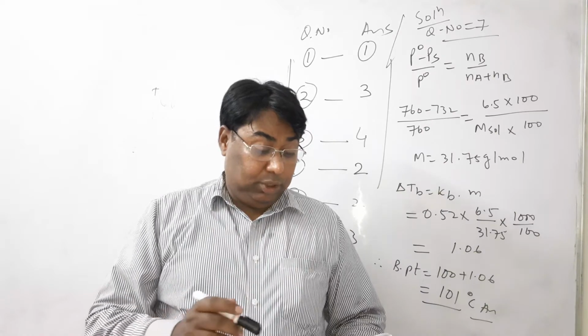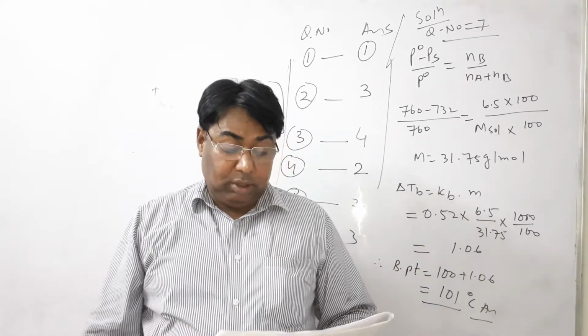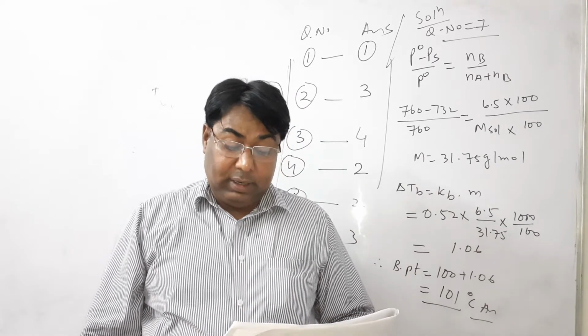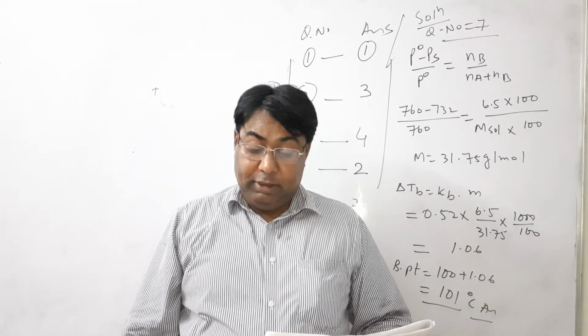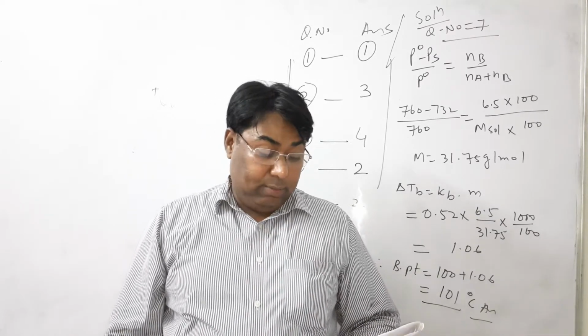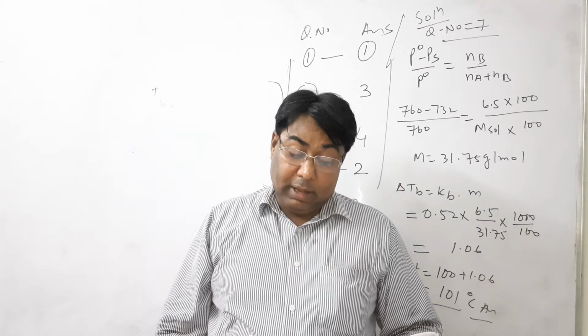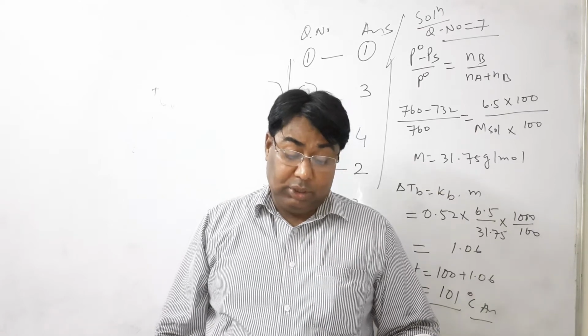Now students, question number 7: at 100 degrees C, the vapor pressure of a solution of 6.5 gram of solid in 100 gram of water is 732 mm. If Kb is equal to 0.5 kg per mole, the boiling point of the solution will be. In this question, the vapor pressure of the solution is given.